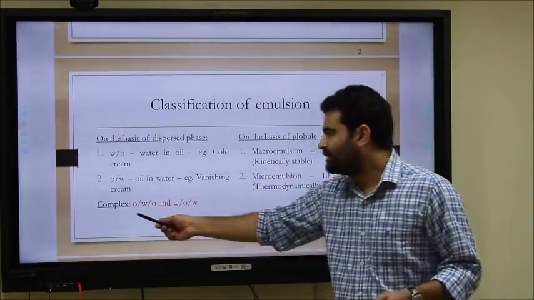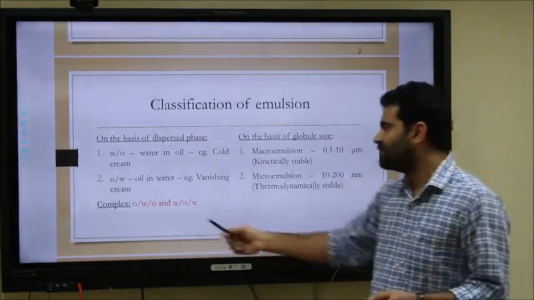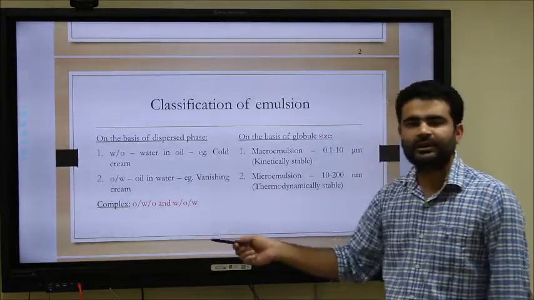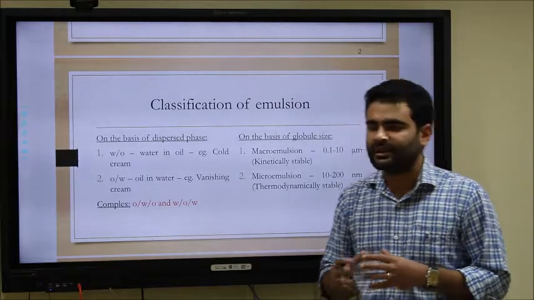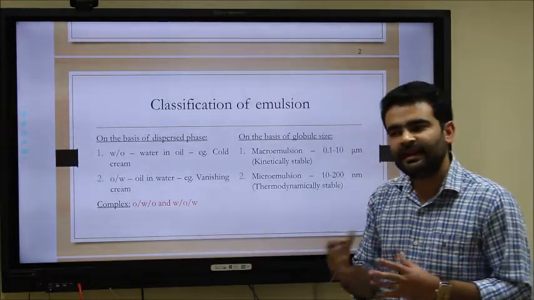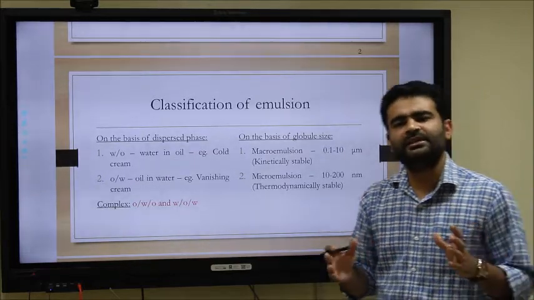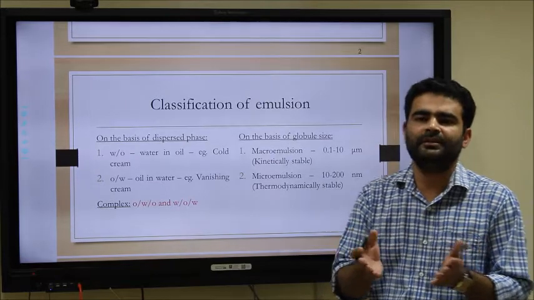However, there are some other examples. Some complex emulsions are also formed, that is oil in water in oil type emulsions and water in oil in water type emulsions. They are very complex emulsions and are less often used. However, in some medications, when we use two different kinds of medications, for example, multivitamin emulsion.